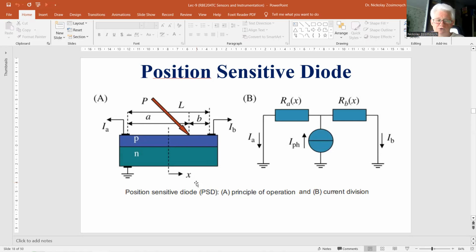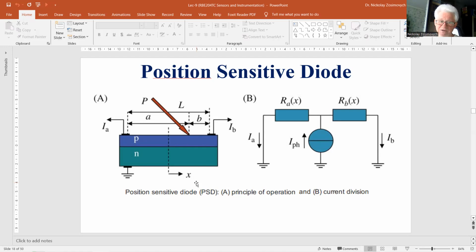As in a normal photodiode, the junction is reverse biased. Due to the electric field across the junction, the electrons are driven to the positive side, and the holes move to the negative side of the junction.